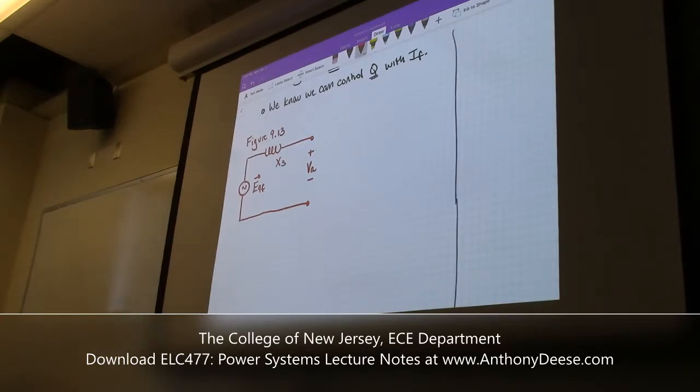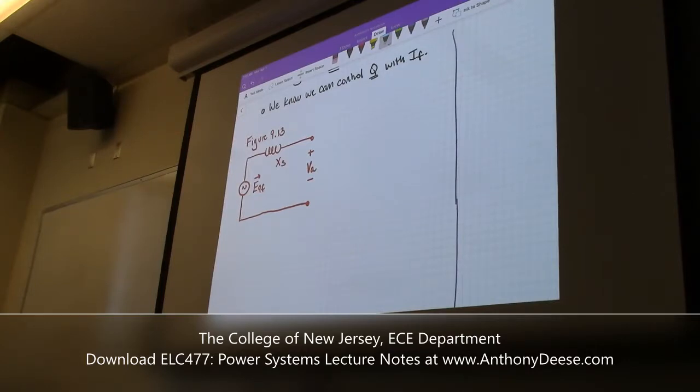So this is the simplest representation we have of the generator, going back to the previous section. And so for this case, we can draw the vectors that represent its behavior, and we'll see what that means in one second.